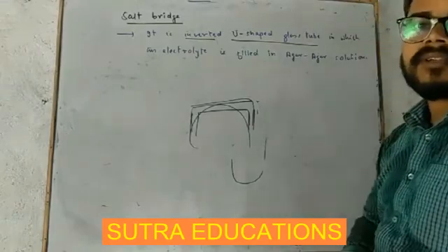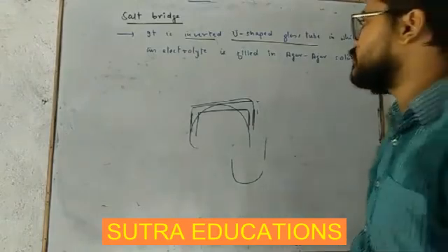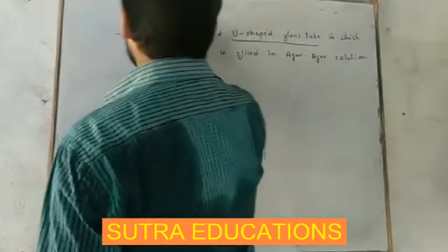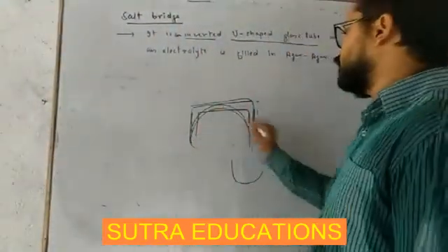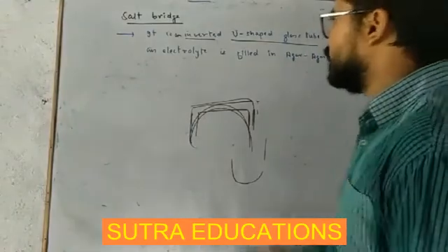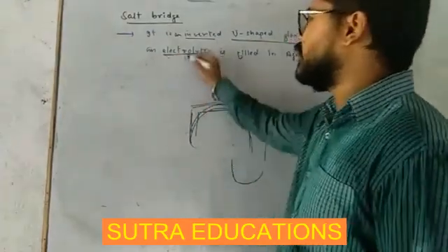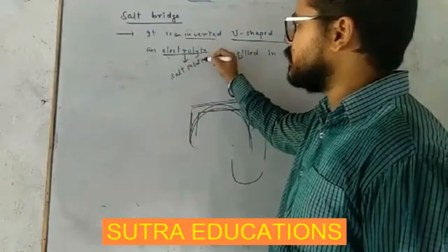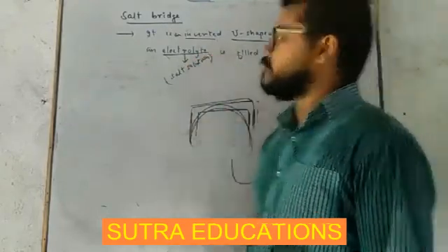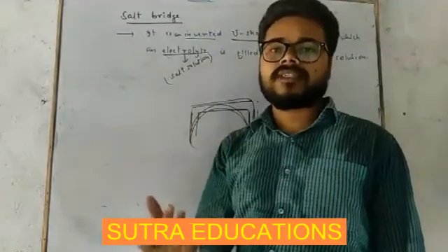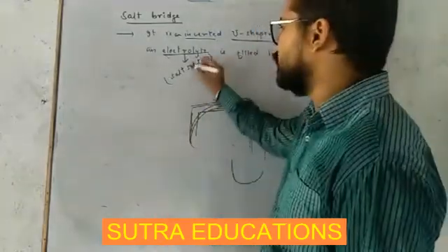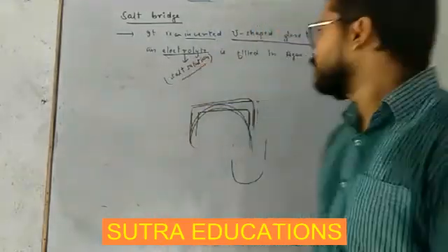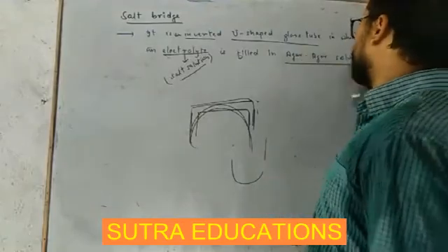Getting this? So what is a salt bridge? A salt bridge is an inverted U-shaped glass tube in which salt solution, which is also an electrolyte, is filled in agar solution.